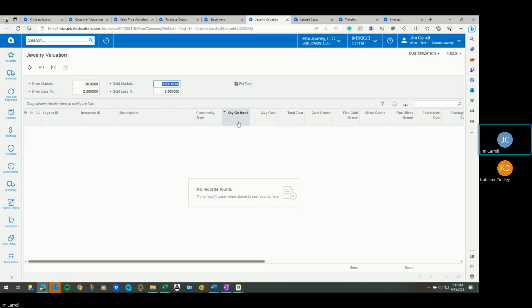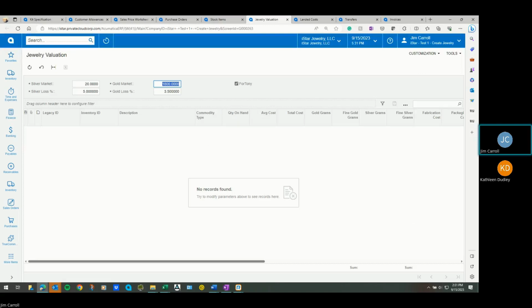So one of the benefits of starting this testing in earnest is that we'll also be able to build up a database of items in the warehouse so that we can then do the on-hand jewelry valuation test.